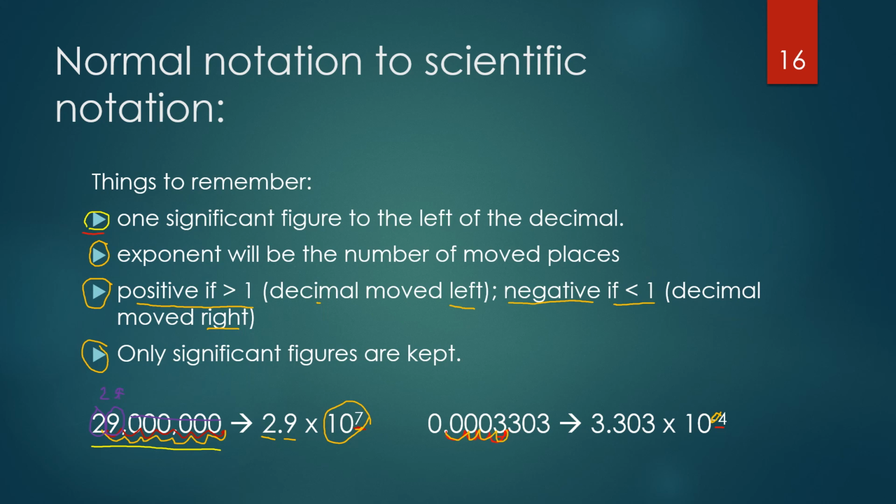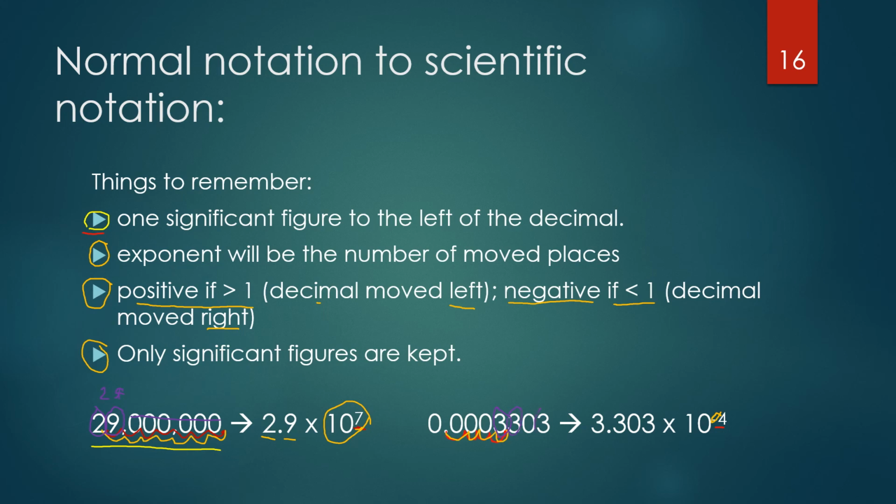Last but not least, significant figures. Make sure to check those all the time. We start counting our significant figures at the first non-zero digit, so that would be this 3 right here. So that's significant figure number 1. The next 3 counts because it is a non-zero number.